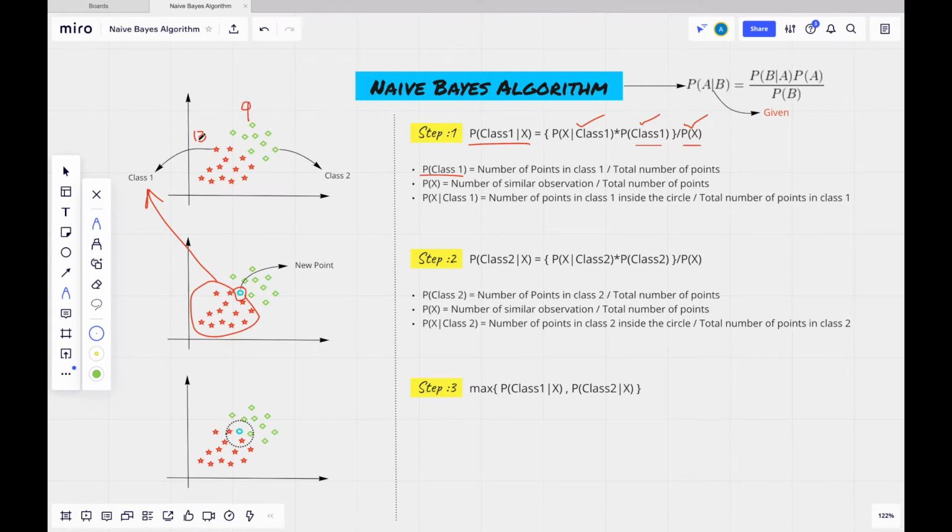So in total we have 13 plus 9, which is 22, right? So this is equal to number of points in class 1, 13, divided by 22. If we calculate 13 divided by 22, it comes out to be 0.59.